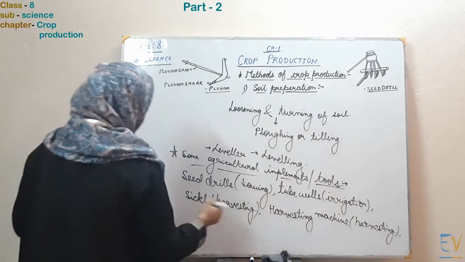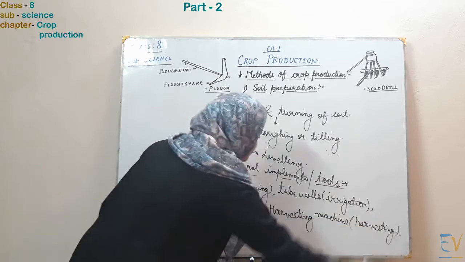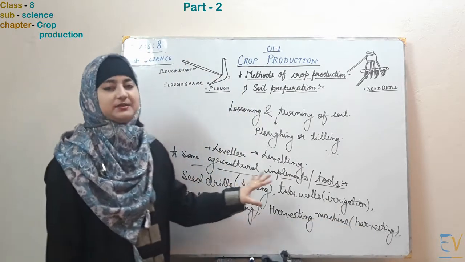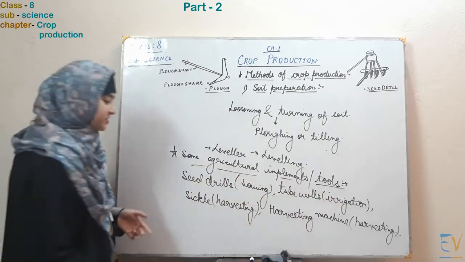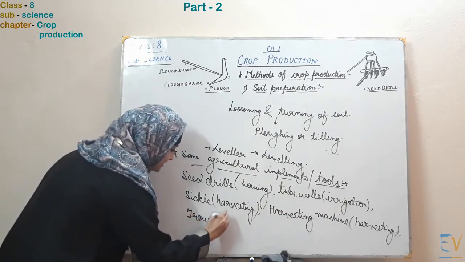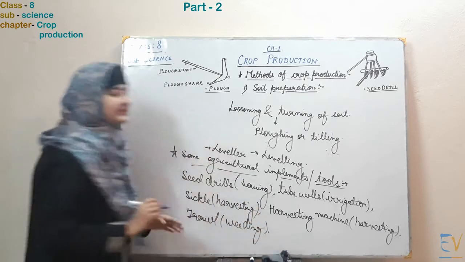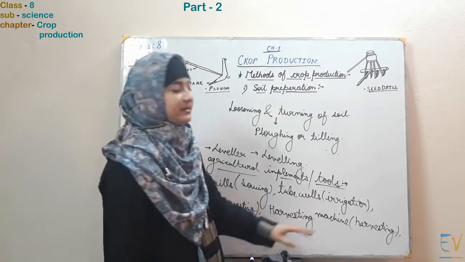Okay. So these are a few very common examples of agricultural implements which perform a very important and specific function. Again, trowel, which helps in weeding. There are so many examples. Okay. And they perform very specific functions also. So these are some agricultural implements.